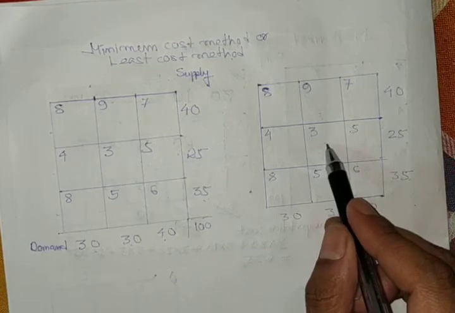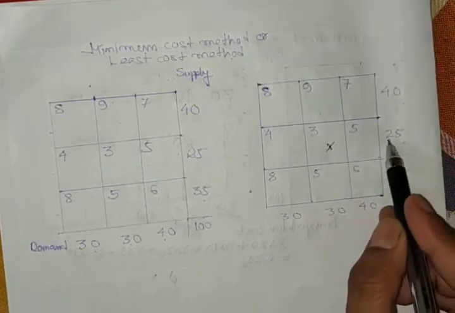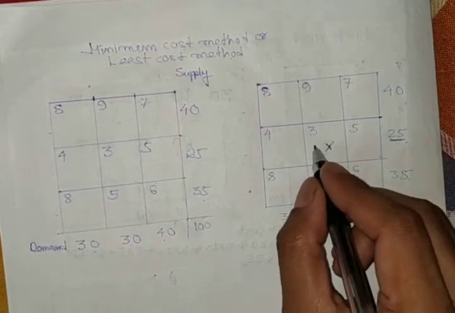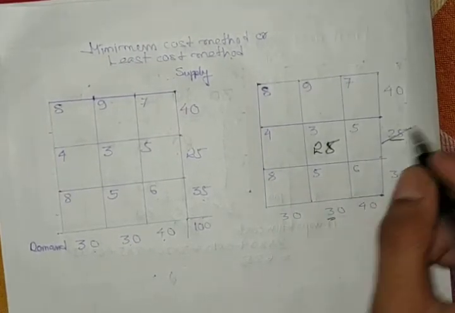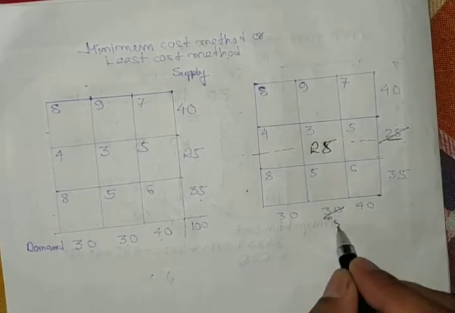So if I put something here, let's compare. Supply is 25 and demand is 30. So the minimum is 25, so I put 25 here. If I put 25 it will be exhausted, so I put a line here, and here 5 will remain.